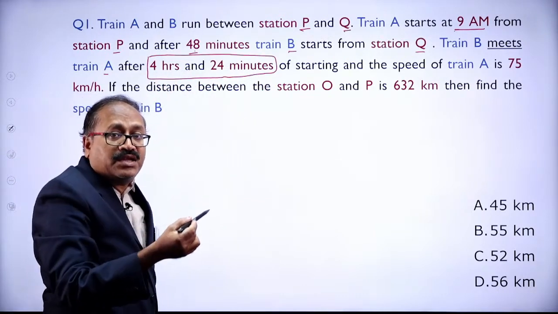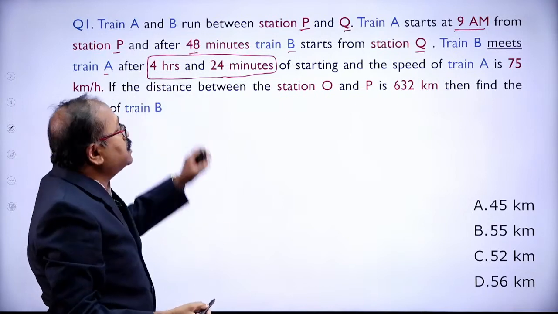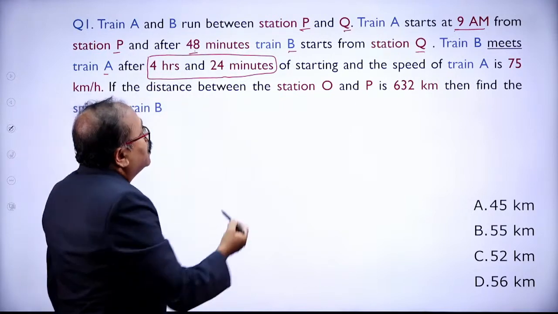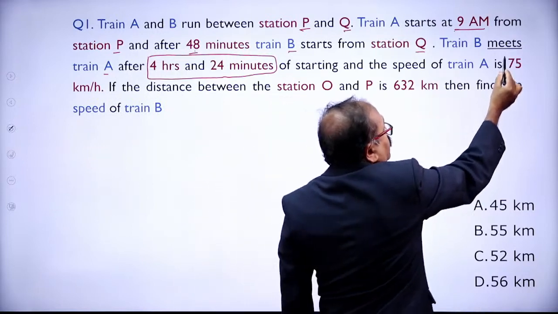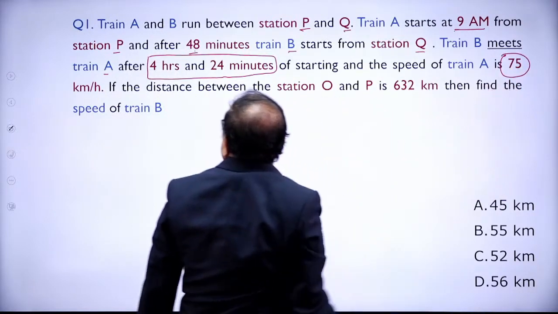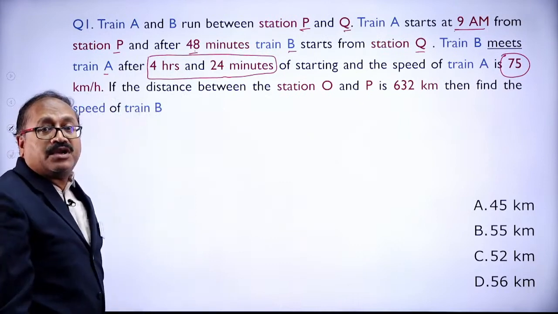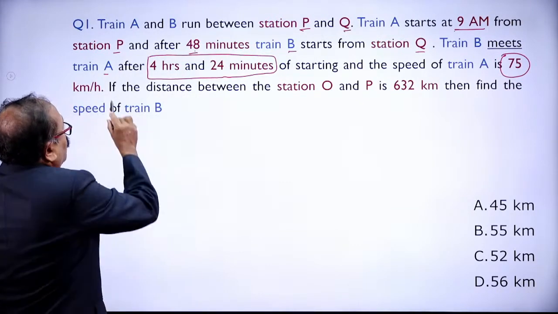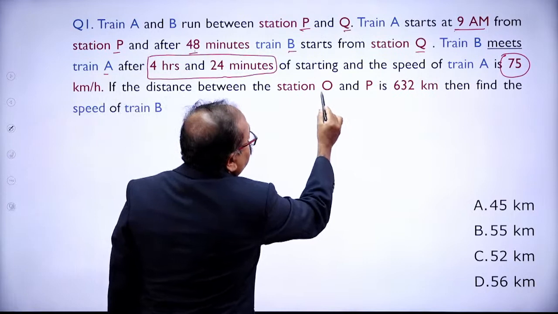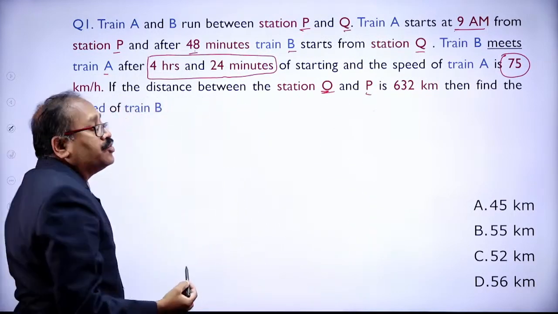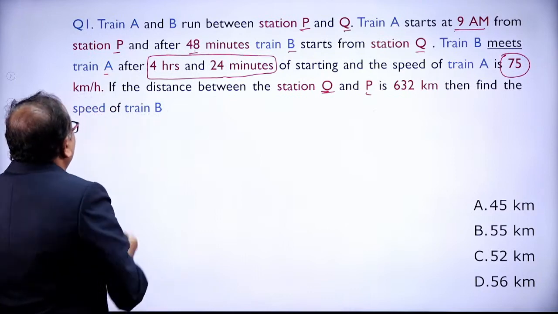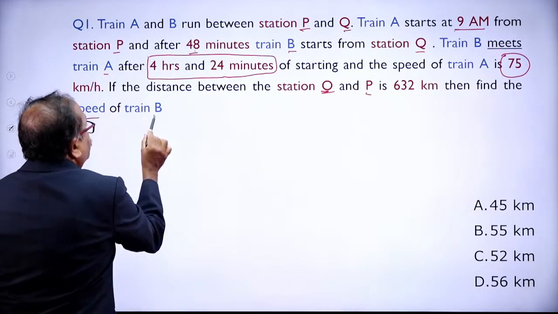The speed of train A is given to us, which is 75 km per hour. Now, if the distance between these two stations P and Q is 632 km, then find the speed of train B.